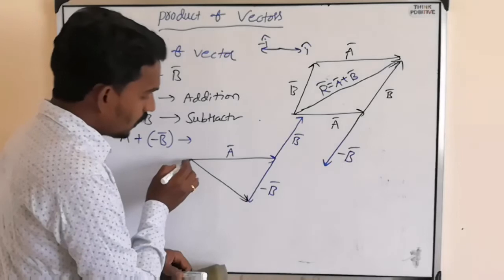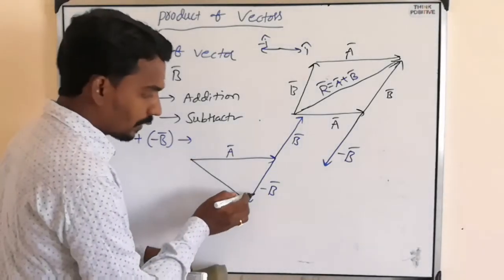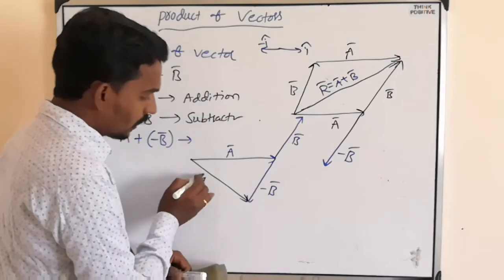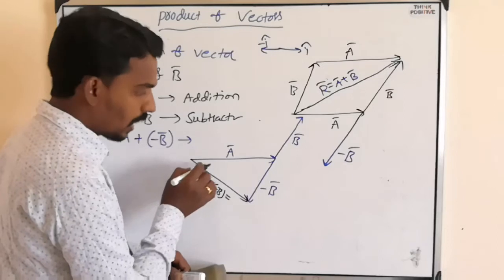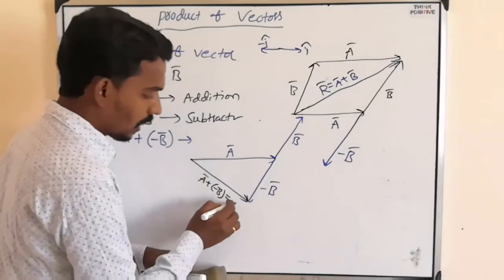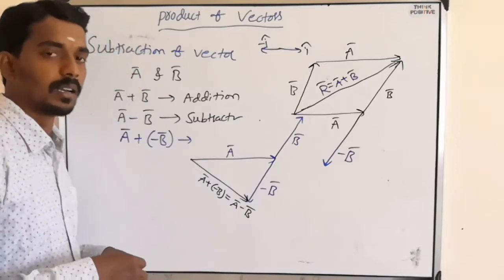Then if you join the initial point of the first vector and the final point of the second vector, that will give you the addition, nothing but A bar plus minus B bar, nothing but A bar minus B bar.